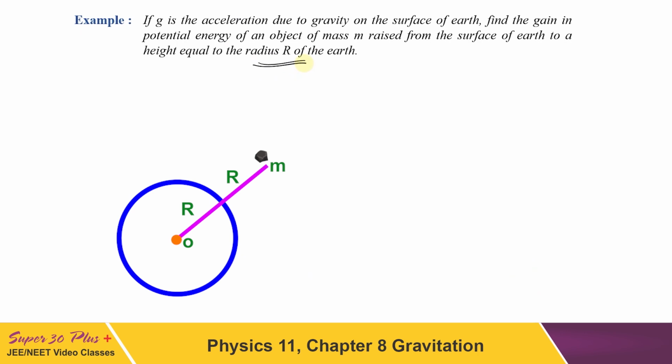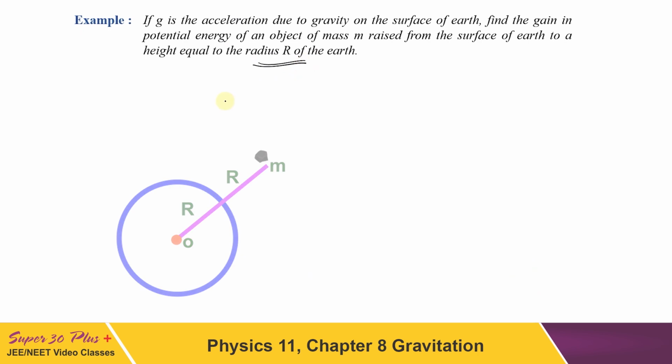So directly we cannot apply the result mgh. That is valid only if g is constant, because while deriving we had taken g outside the bracket and then written simply h2 minus h1 as delta h, which is true only if h is a small height. But here the height is very large, so we have to proceed in a general way.